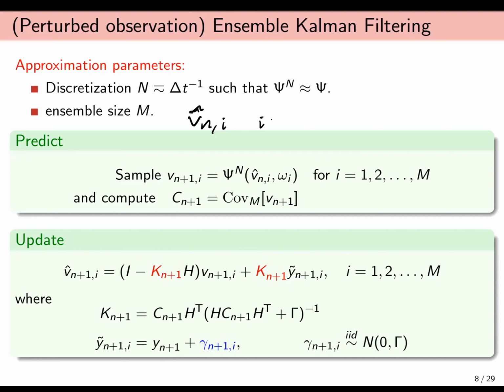I have them for i equals 1 to m, and their empirical measure approximates the Bayes filter, or the particle filter measure, at that time. Then in order to simulate one step ahead, I simulate each particle, and the resulting empirical measure gives me an approximation of the prediction empirical Bayes filter at time n plus 1.